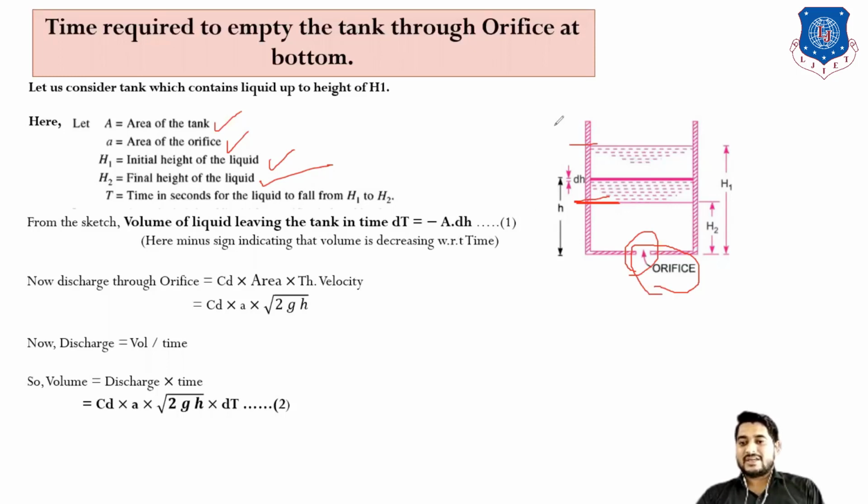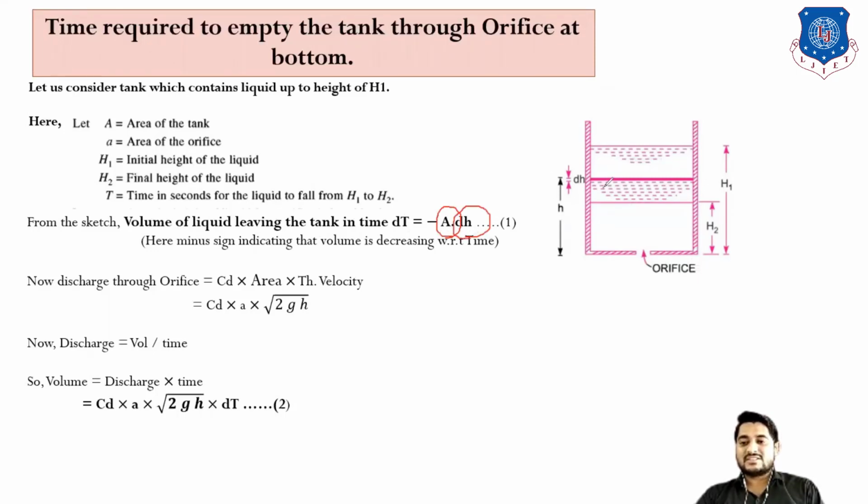So in this derivation, first we will find out the volume by sketch, and then we will compare this volume with the theoretical volume. So first of all, from the sketch, the volume of water leaving through this orifice is equal to the area of tank into small height.